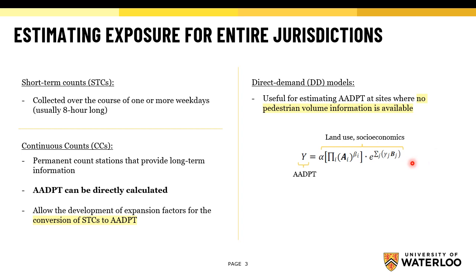So one would take the ADPT for the sites where there is this information and would associate it with land use and socioeconomic data. So the ADPT can be estimated for sites where no information is available based on information of land use and socioeconomics that is usually available for jurisdictions.